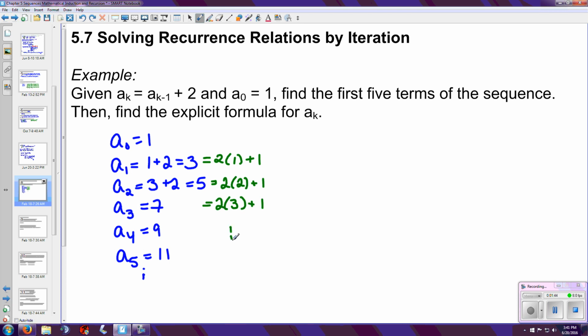And you'll notice if we were to keep going here, then we would have a sub k is equal to 2 times k plus 1. So can we show that this explicit formula will work for this whole sequence? You can repeat the process of what we did before to prove this using mathematical induction.